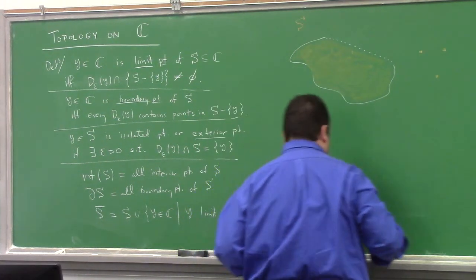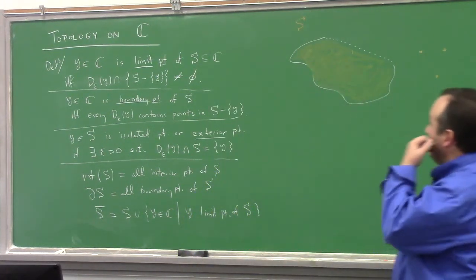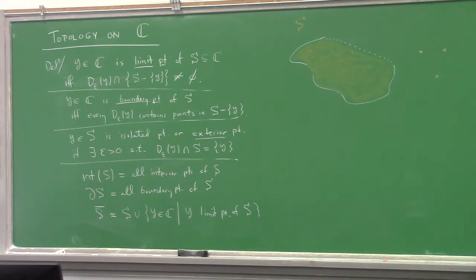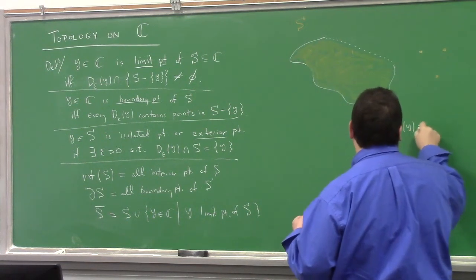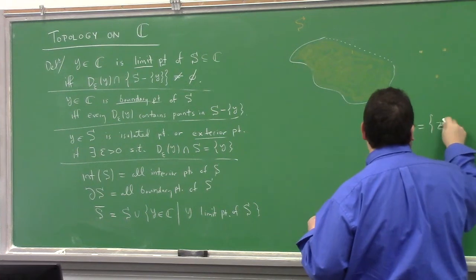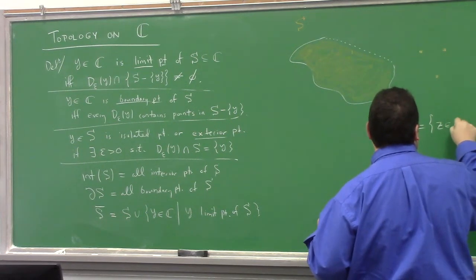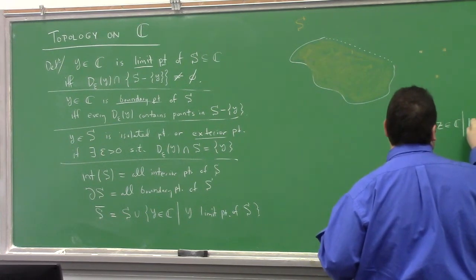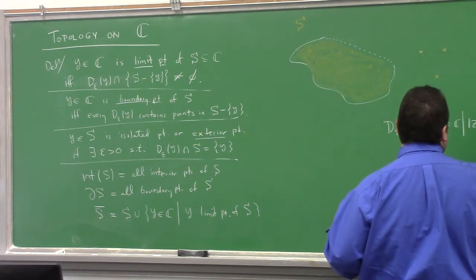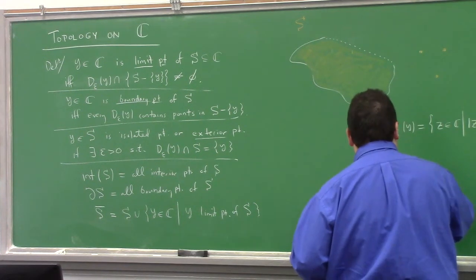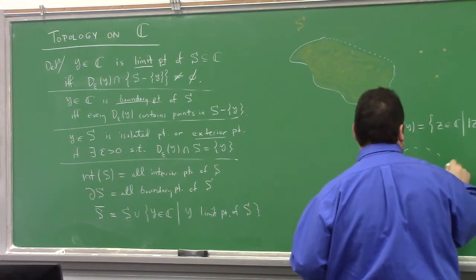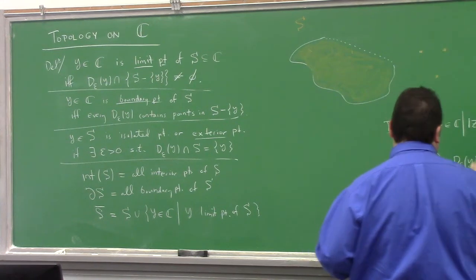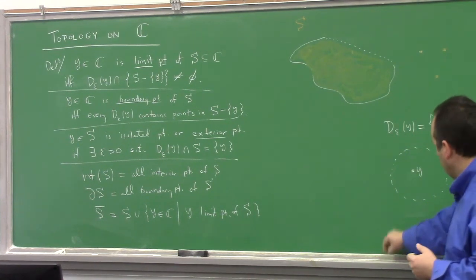What are the limit points of S? Remember what D epsilon of y is? This is the set of z in the complexes such that the modulus of z minus y is less than epsilon. In other words, if this is y, then this is the open disk centered at y.